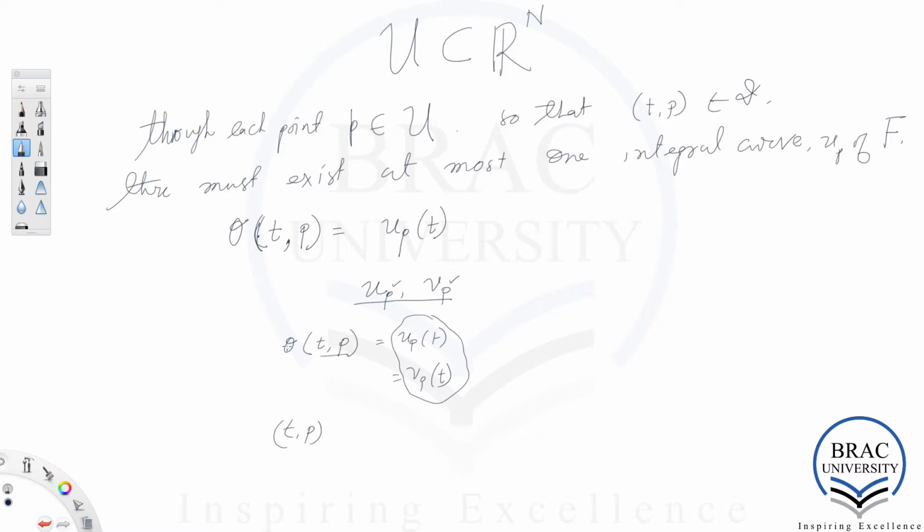That way, theta would no longer be a function. So in order for us to make theta a function, we must have at most one integral curve UP going through each point P of U, so that (t, P) is in this domain D.